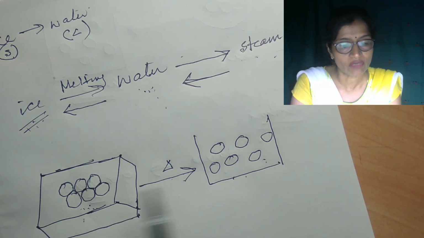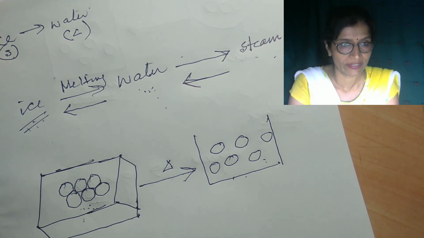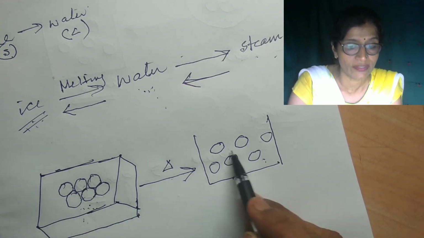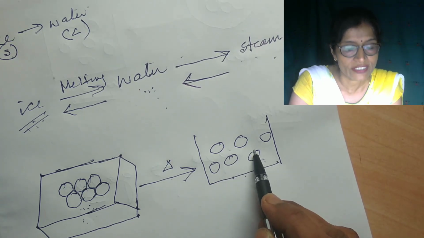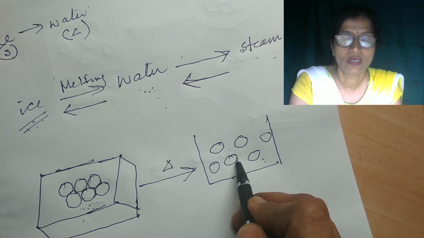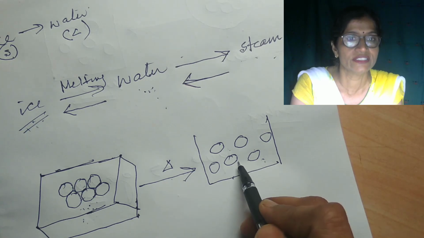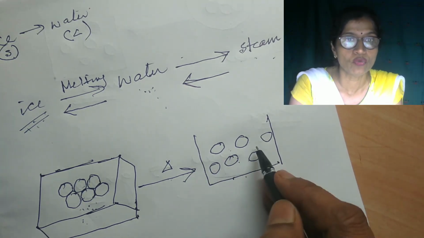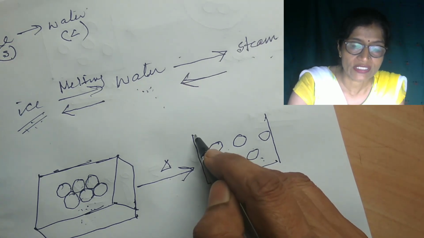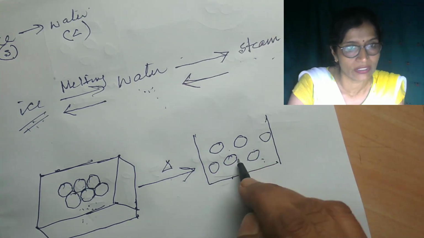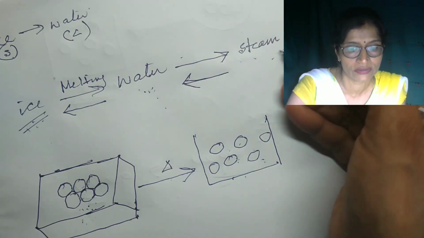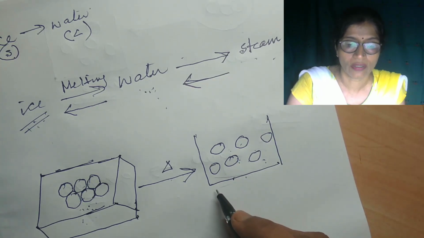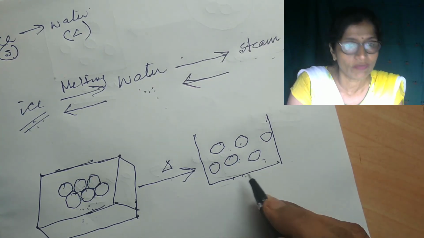When they vibrate with greater amplitude, the intermolecular space between the particles increases, and the intermolecular force of attraction decreases. Now the particles are free to move, but only within the substance or within the boundary of the container. They cannot go beyond this.